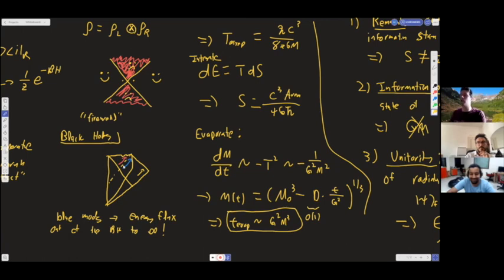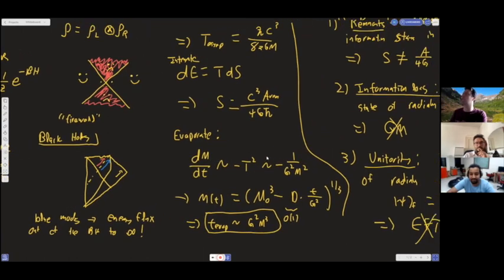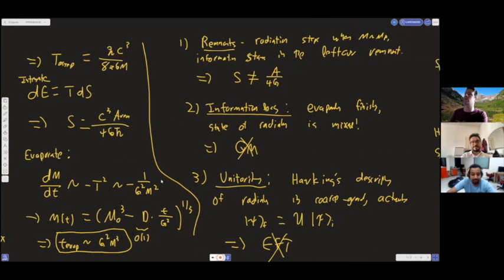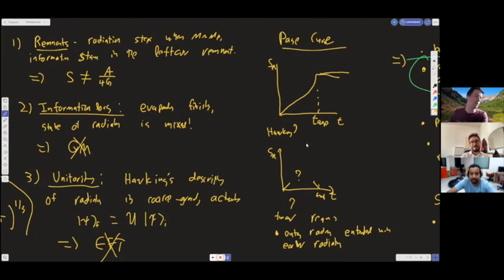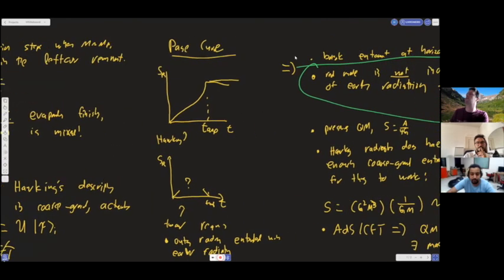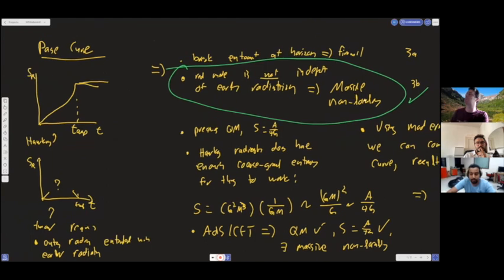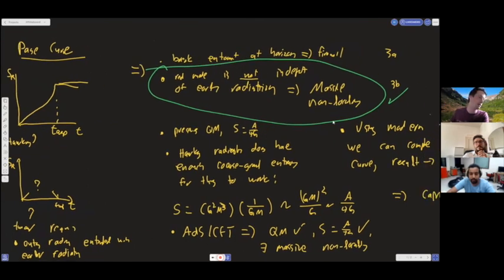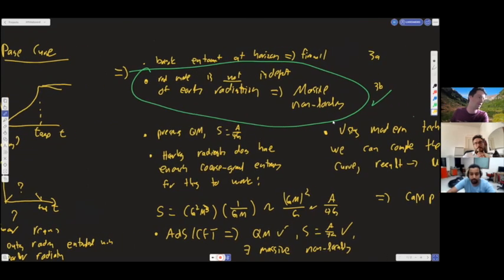Like if you talk to Samir Mathur, on different days of the week he'll be on all the different sides, I mean, I guess he's never on the information loss side. But I guess I would say he can't make up his mind between 3A and 3B, and I would say that about the fuzzball community in general. Sometimes they sound like they're in camp 3A, and sometimes they sound like they're in camp 3B, but they don't have the equations to tell them what to decide one way or the other.